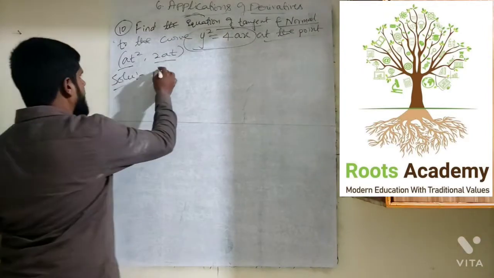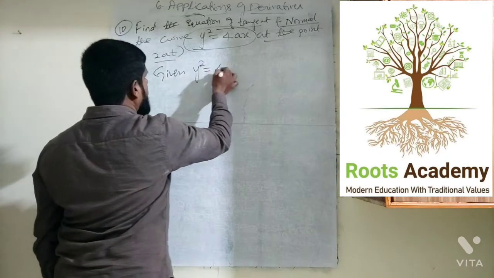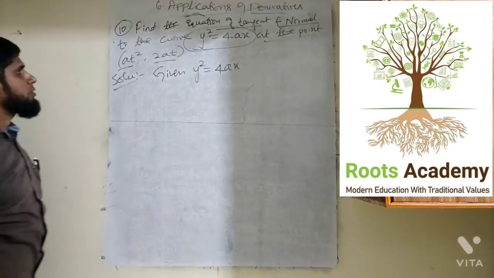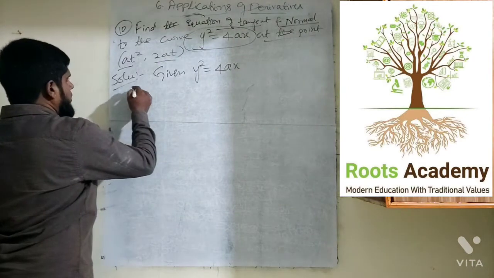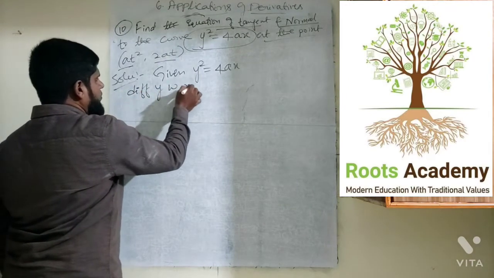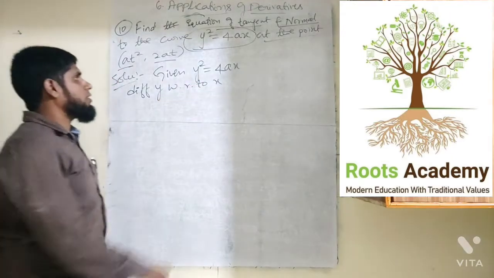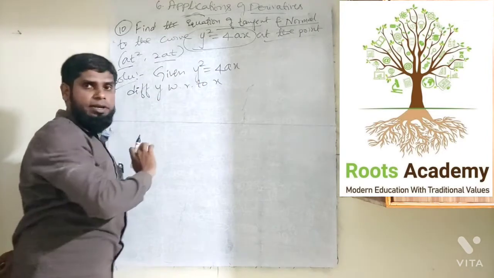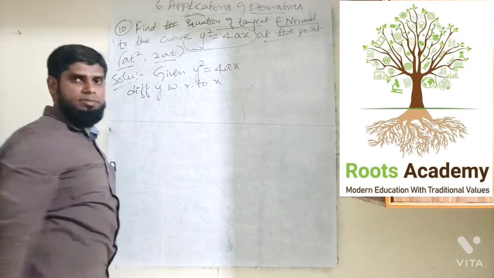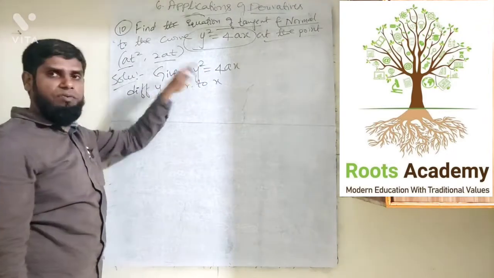Solution. Given y square is equals to 4ax, differentiate y with respect to x. Be careful here. Y is dependent variable here. We should differentiate y separately. First we should differentiate y square. Then again we should differentiate for y.